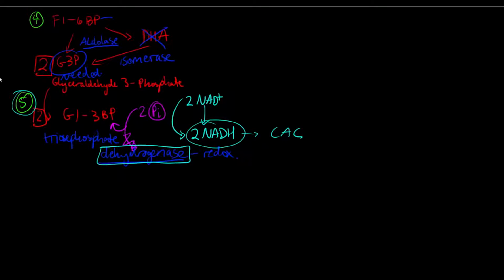And then step 6, the glyceraldehyde 1,3-bisphosphate is split into, both of them are split into molecules of 3-phosphoglycerate, and there are steps 6, 7, 8, and 9, and we go from glyceraldehyde 1,3-bisphosphate to 3-phosphoglycerate to 2-phosphoglycerate to phosphoenolpyruvate to pyruvate.